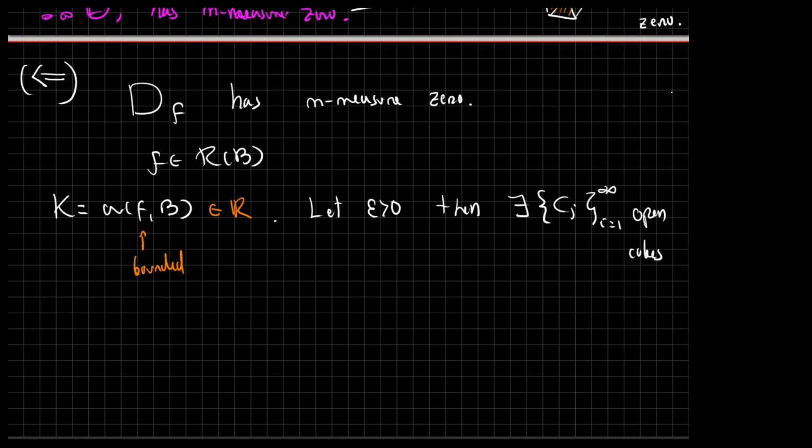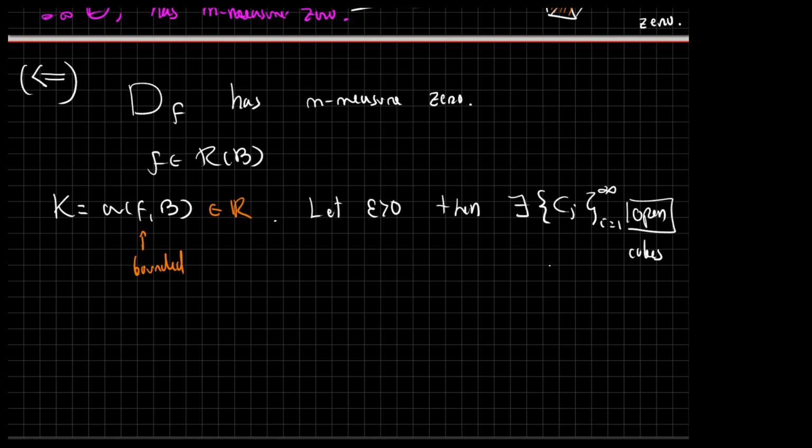Recall that the definition of n measure 0 can be taken when the cubes are open or are closed, when all of them are open or closed, or even if the cubes are blocks, n blocks in general. So here just consider that they are open.